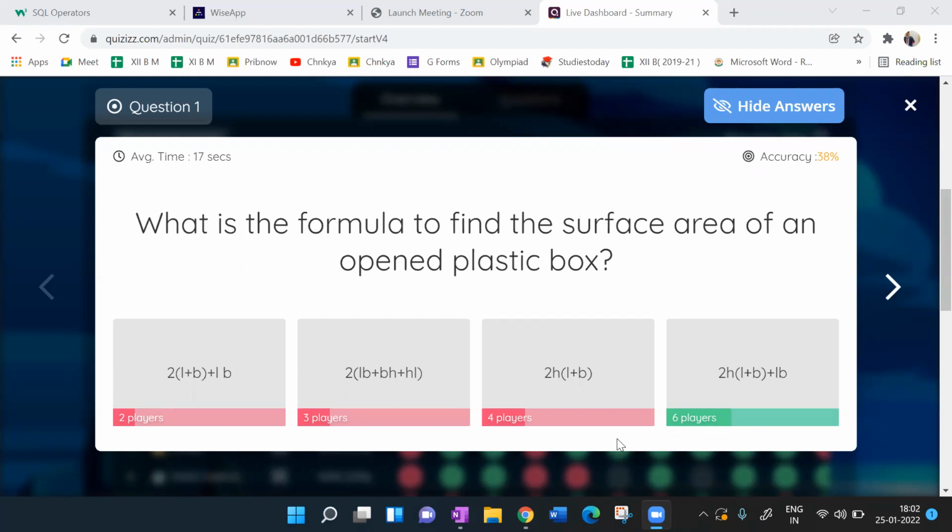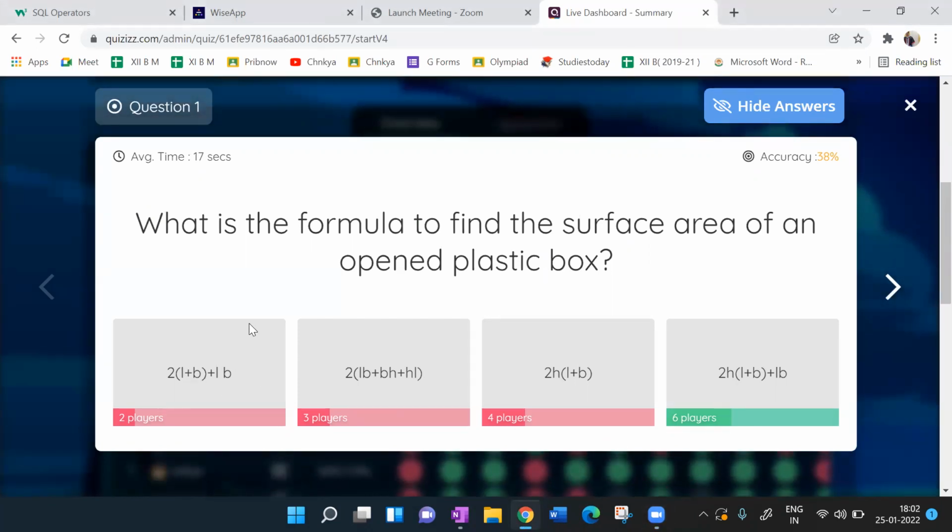A and D. Both of them have H. No, in option A you don't have H, in option D you have H, that's why. Are you getting it, Kavya? Yes, sir. You have to look at the options properly. Okay, next, no problem. Clear?